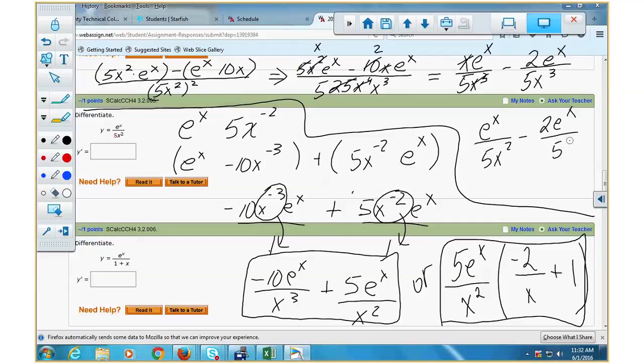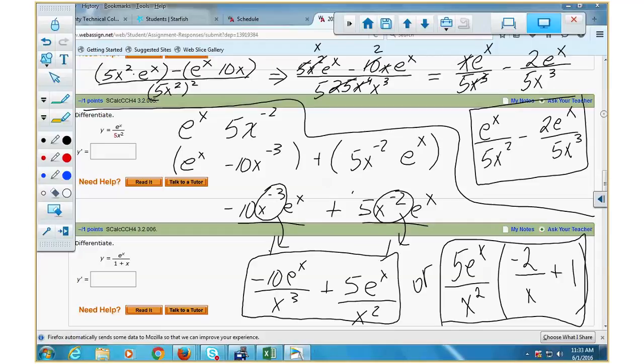What did we get before? e to the x over 5x squared. I thought, what happened to the 5's? I guess we cancel them out. We got something wrong with the product rule. Or I got a different thing with the product rule.